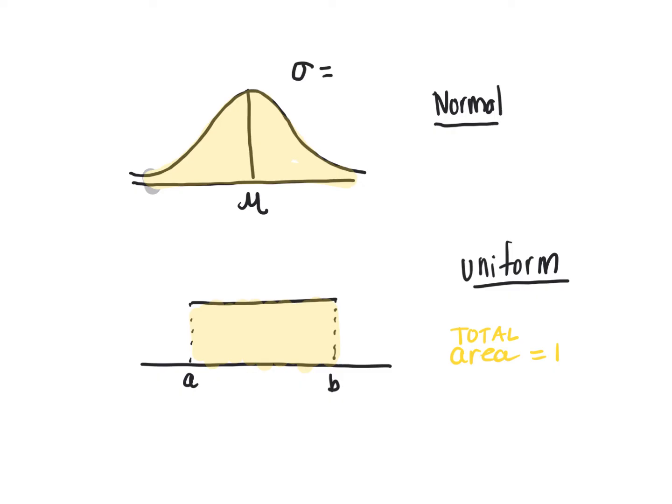So a lot of our work over the next term is going to be trying to figure out one of 2 things. The first thing is, what are the cutoff points? If I'm given 2 cutoff points, then what is the area in between, or the probability?